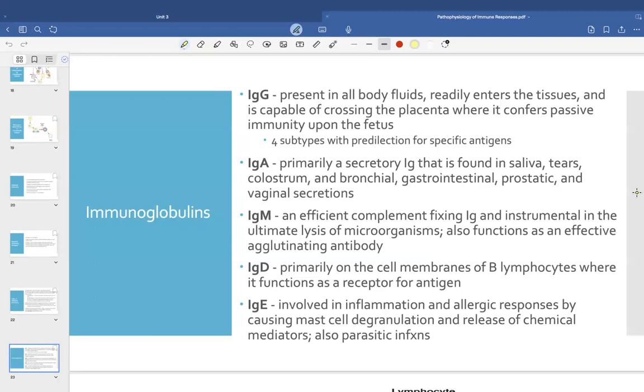or clumping. If you remember, go back to your hemolytic anemias. Which one results because of IgM? Autoimmune. Cold agglutinin, who said it?